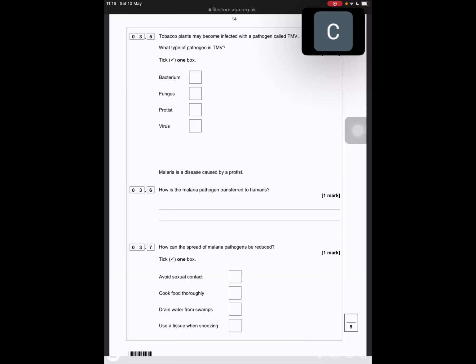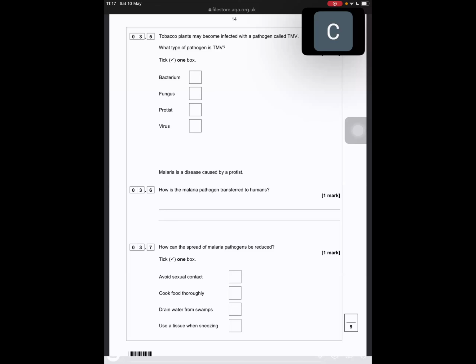Then the next question, how can the spread of malaria pathogens be reduced? It can't be reduced by avoiding sexual contact or cooking food thoroughly. Draining water from swamps sounds more like it. Yes, that's the answer, because the mosquitoes usually breed through water.